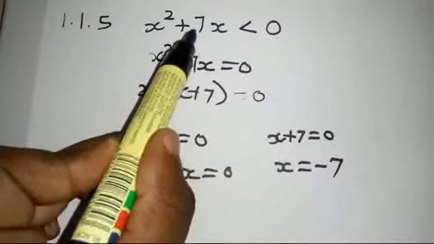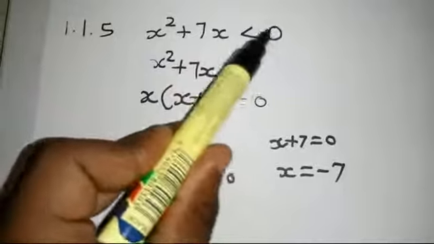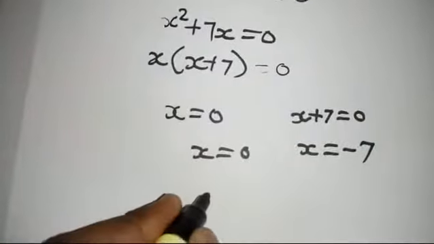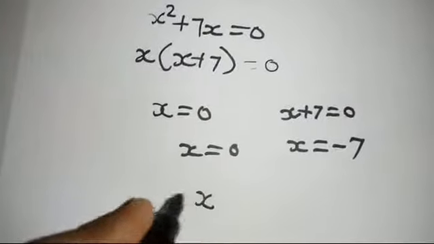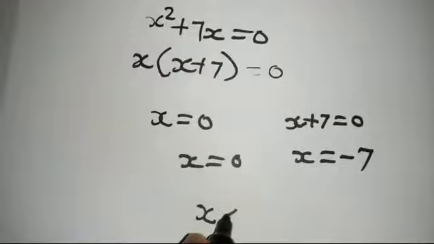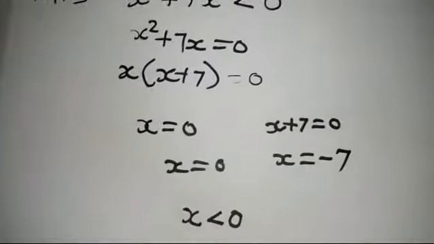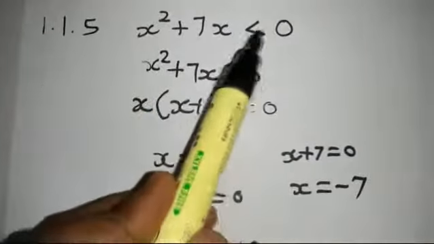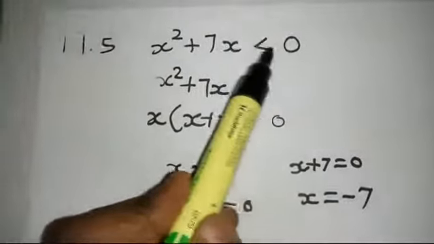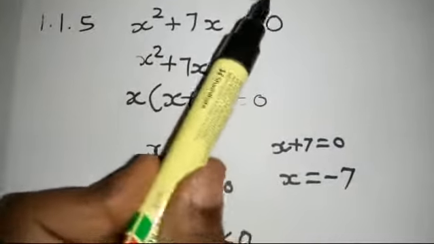Then it gives us a value which is less than 0. Therefore, we see that if we take values for x which are less than 0, then our expression will get a value which is less than 0.